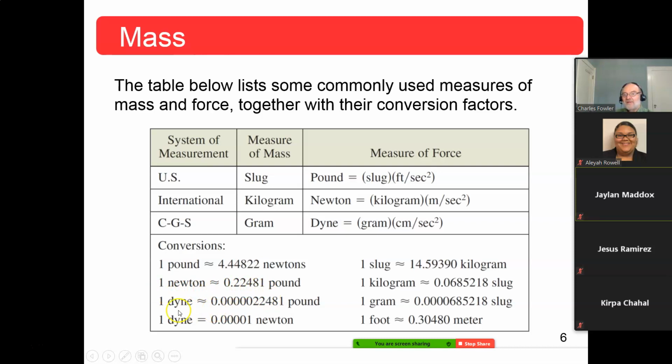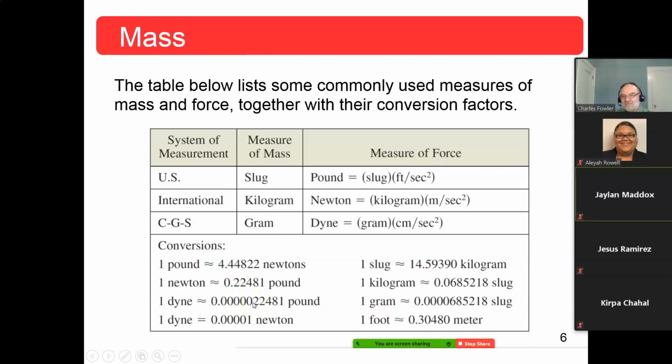0.22481 pounds. A dyne, though, is way smaller because the difference between a dyne and a newton is you got a power of 3 here and another power of 2 there. So it's a power of 10 to the 5th. And that's why your decimal moved 1, 2, 3, 4, 5 places, because that decimal was there and this one's here.